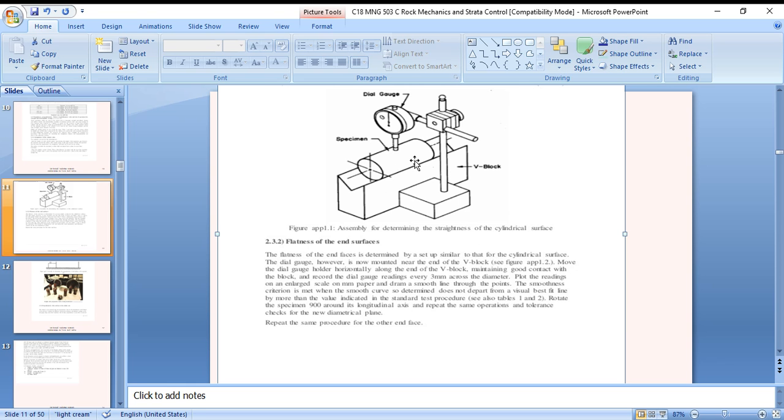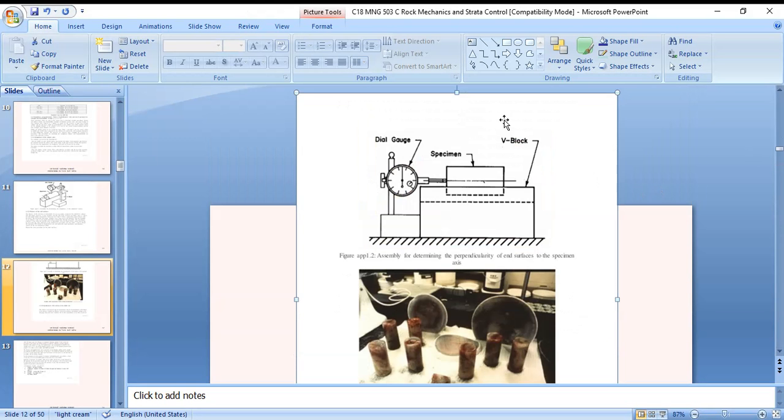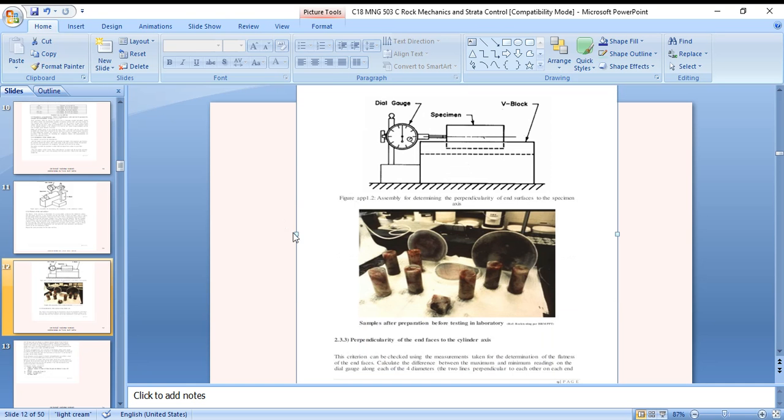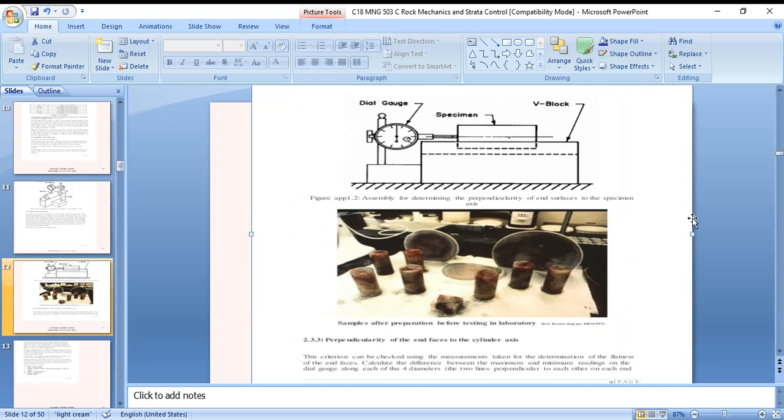The specimen surfaces must be maintained exactly. Dial gauge, specimen, V block assembly for determining the perpendicularity of the end surface to the specimen axis.